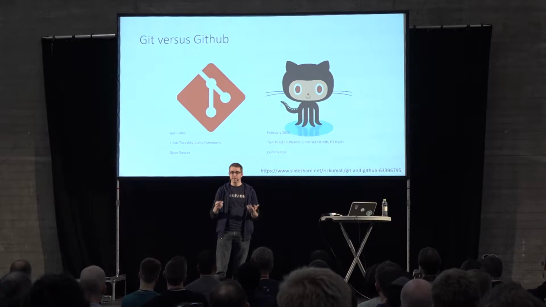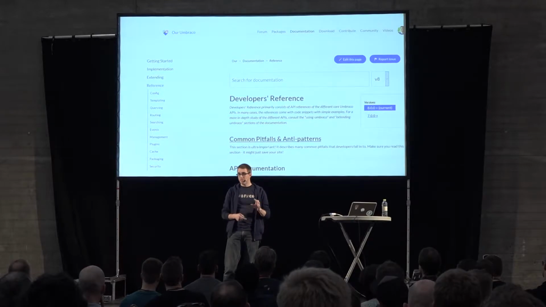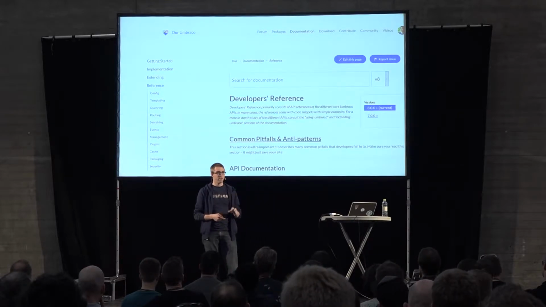A lot of people tend to confuse those two. There's a big difference between Git, a versioning system, and on the other hand, a place where your code can stay. GitHub is very known for hosting free projects, for open source projects, like the Umbraco CMS and the documentation. So if you look at the documentation of Umbraco, that's hosted on GitHub.